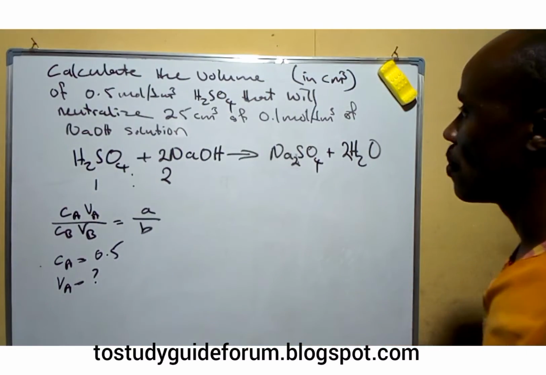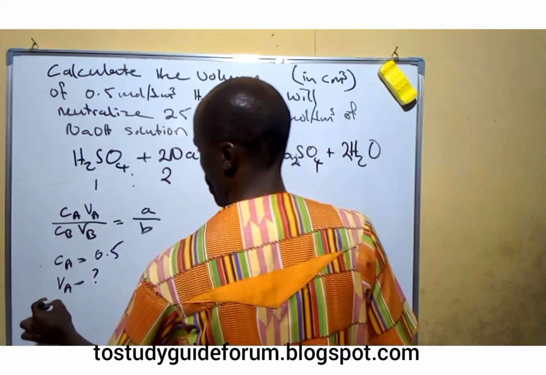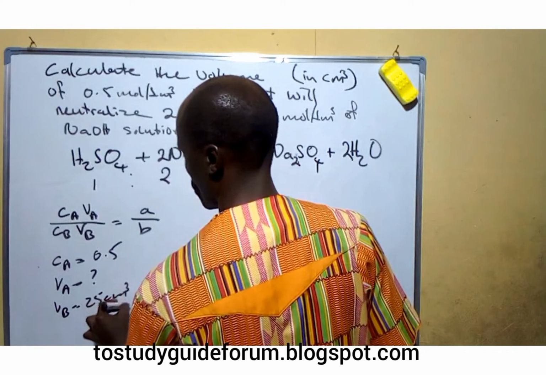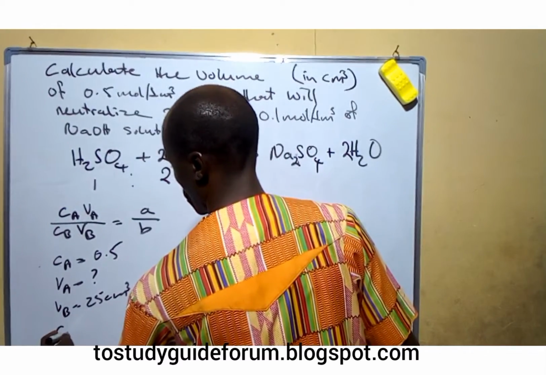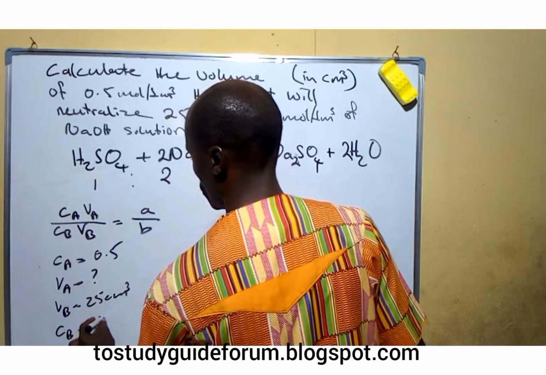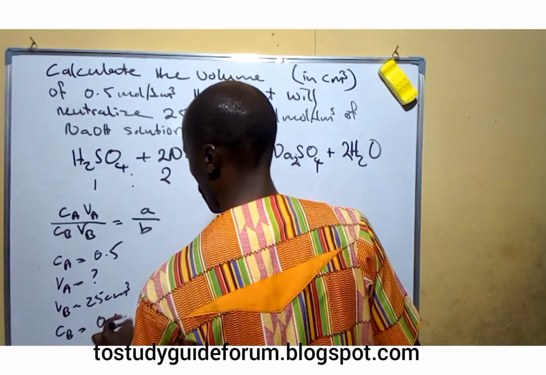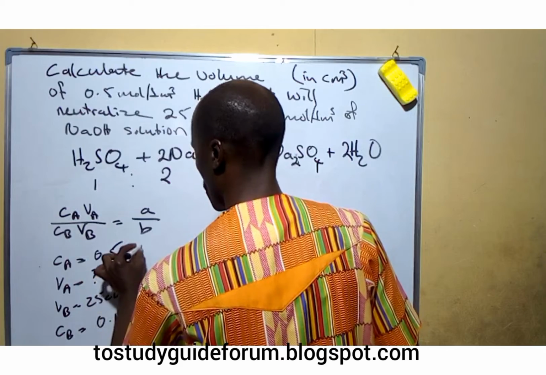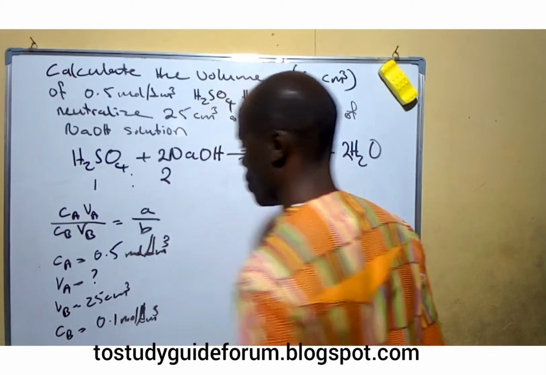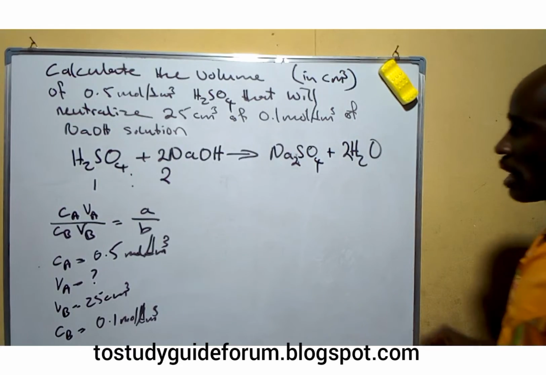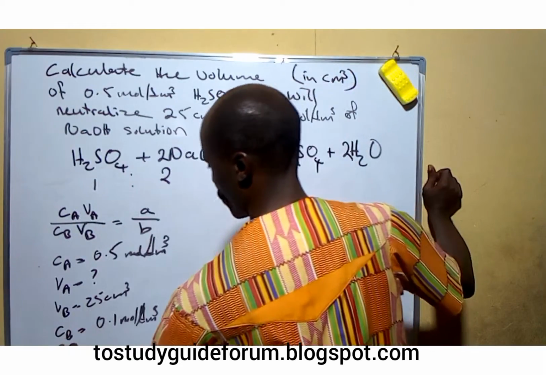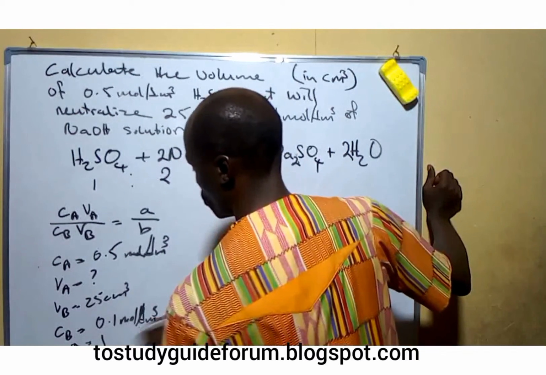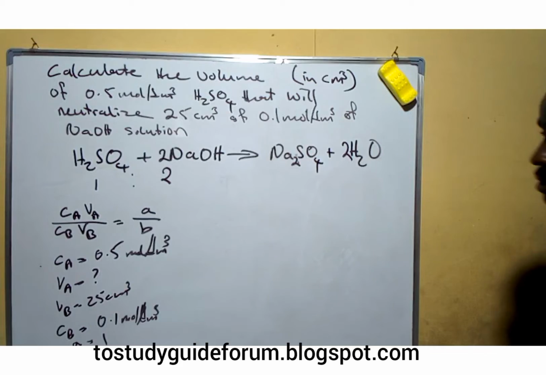So we have the volume of B, which is 25 cm cube, and then we have the concentration of B, which is 0.1 mole per dm cube. So then the other side of it, we have the mole ratio. For A we have 1, for B we have 2.